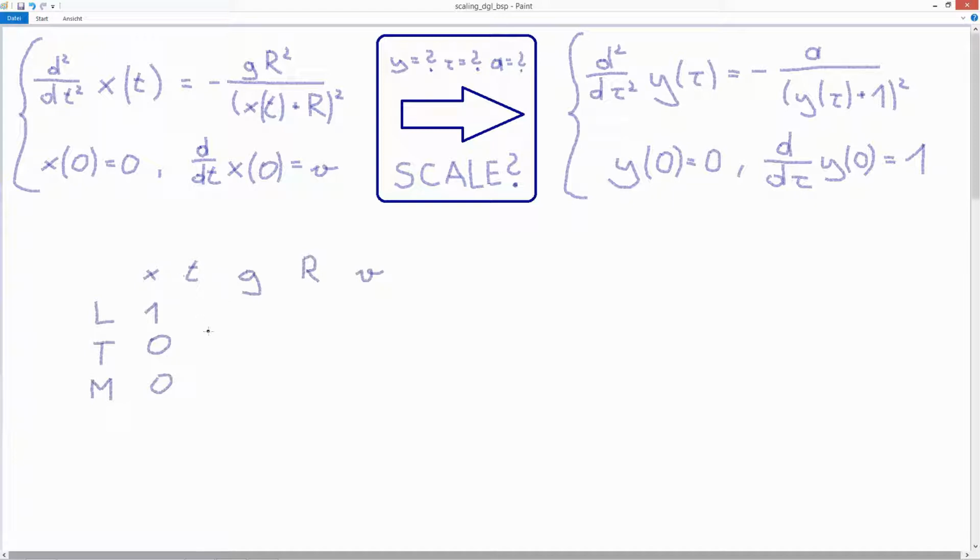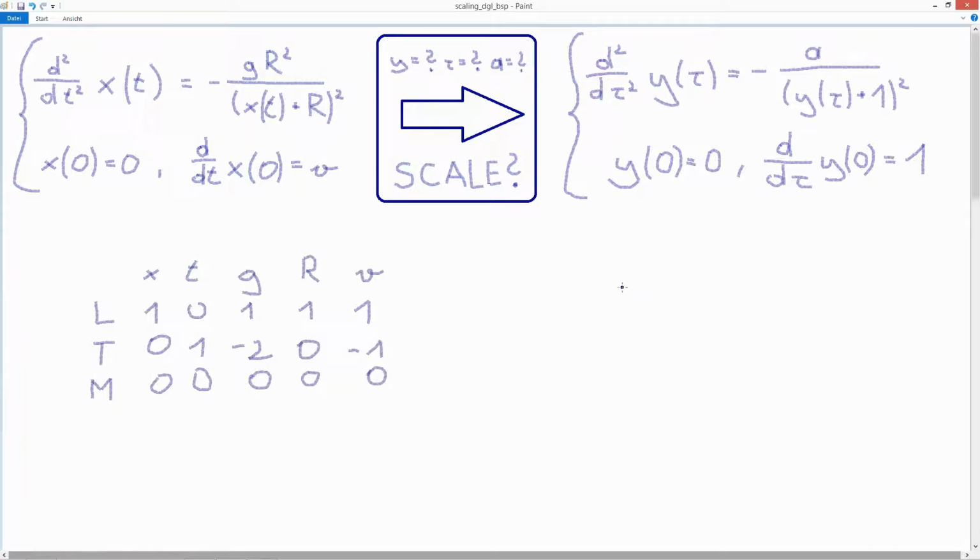T describes a time, so 0, 1, 0. G is the gravitational constant, which is an acceleration, so we have 1, minus 2 for the time and 0 mass. R is a radius, so it is 1, 0, 0, and v, the starting velocity, is a velocity, so 1, minus 1 and 0.